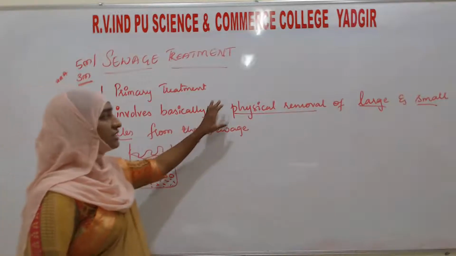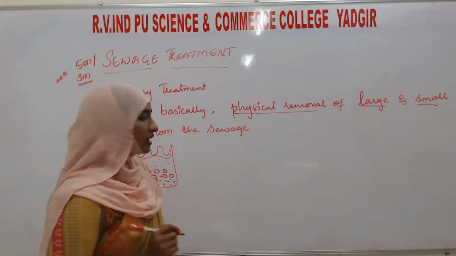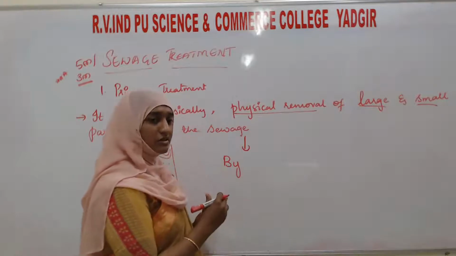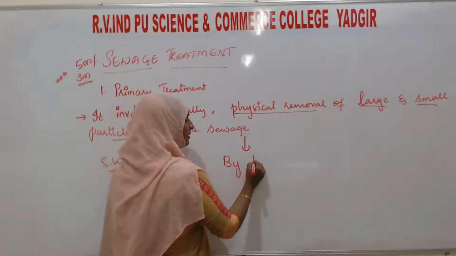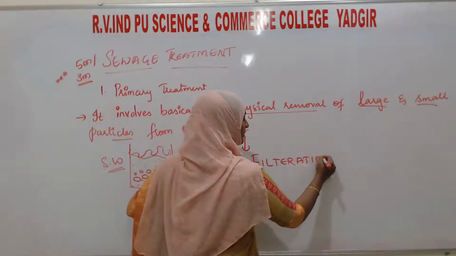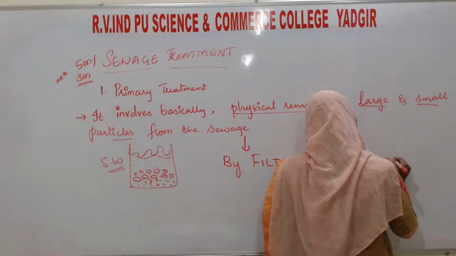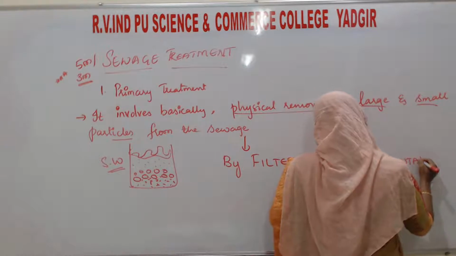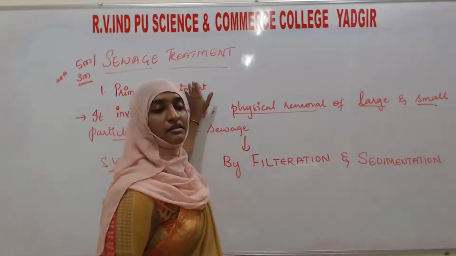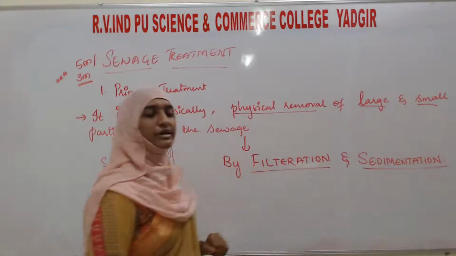There are two physical processes involved in this primary treatment: they remove these large and small particles from the sewage by two methods, one is filtration and the other is sedimentation.